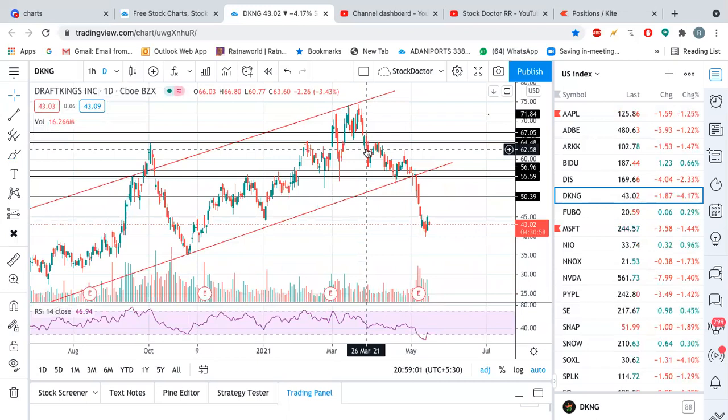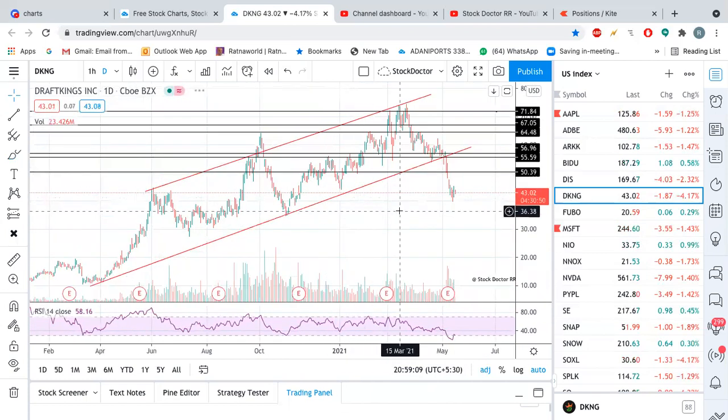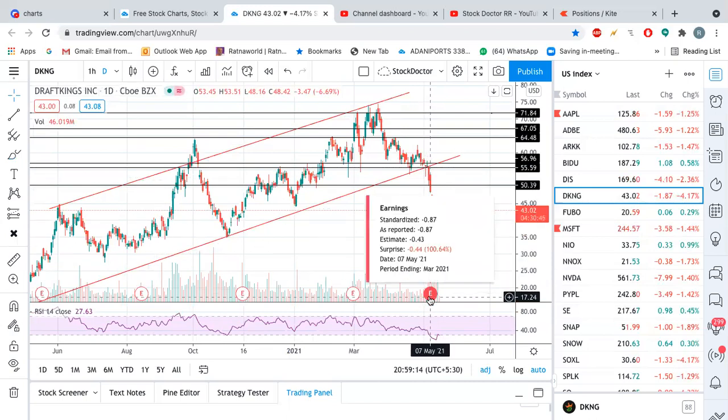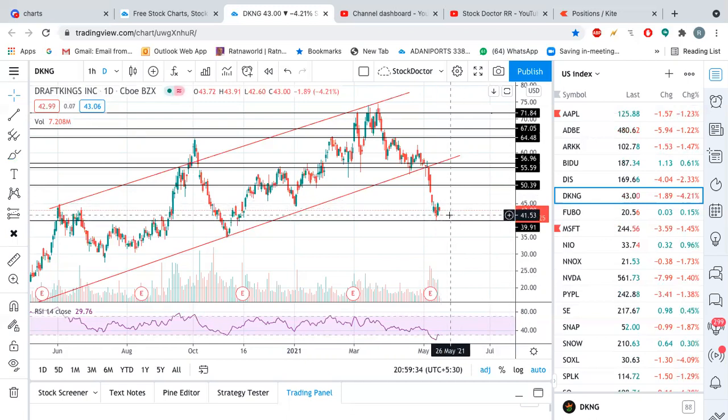So for DKNG, if you can see here, DKNG gave its earning on 7th May, and on the earning day itself, it went 6% down. And right now it is trying to create a base here, around 40 to 41.50.